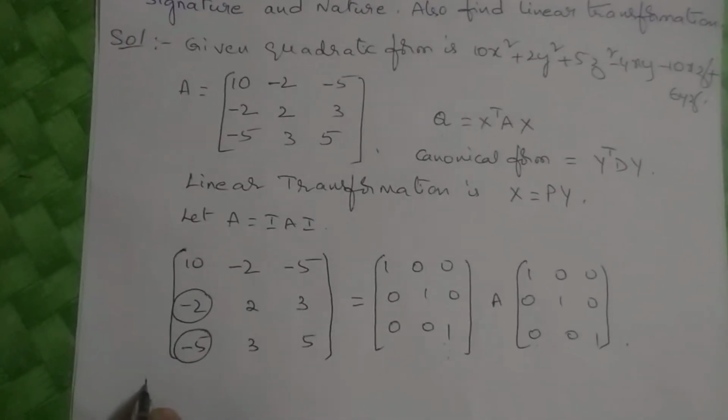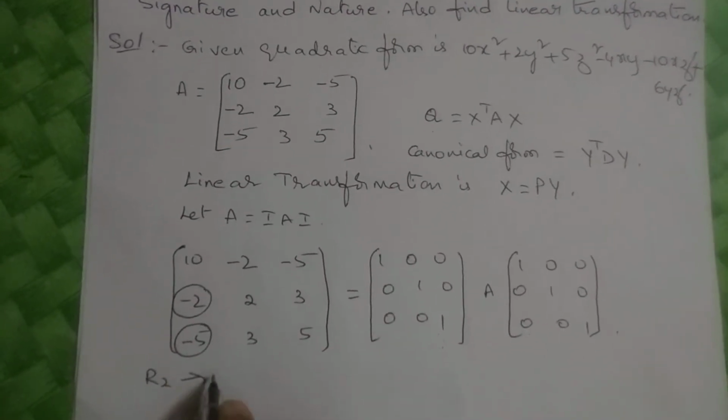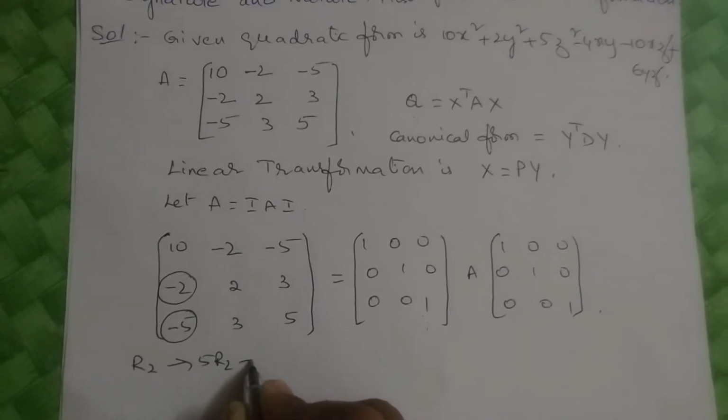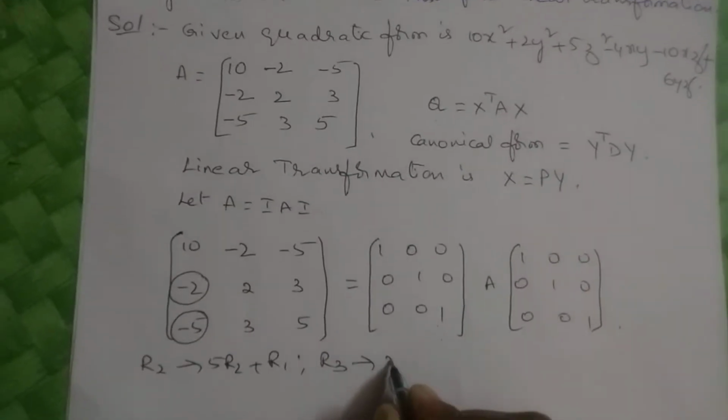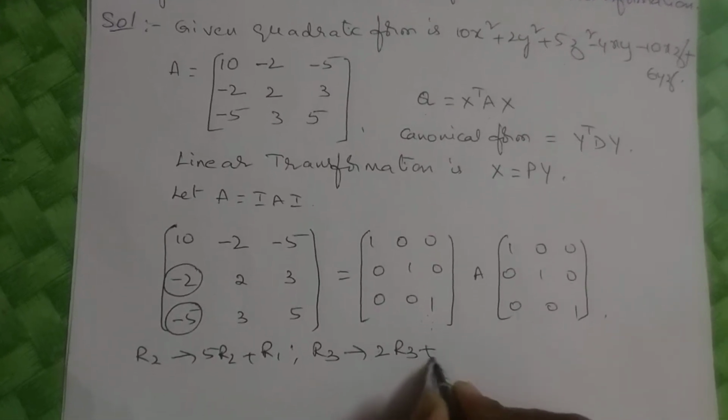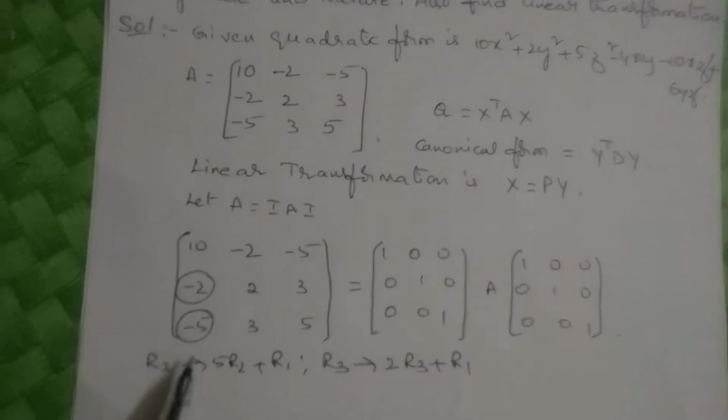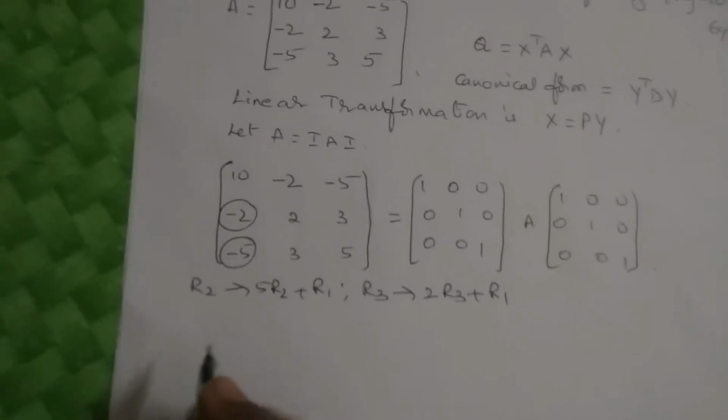So what row operations do we use here? R2 implies 5R2 plus R1, and R3 implies 2R3 plus R1, so that these two elements will become 0.